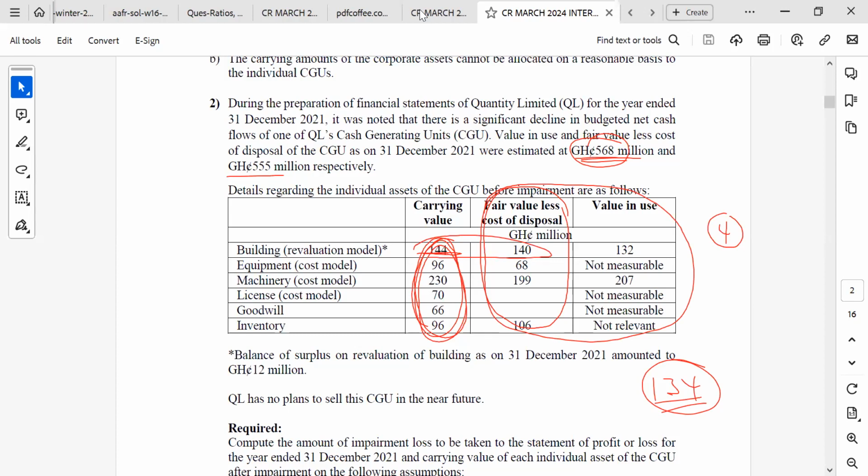So the recoverable amount for the building is 140 and the carrying value is 144. It means that it has reduced by 4. So 4 out of the impairment will be for the building. But the building has a revaluation surplus. So this will be taken to revaluation surplus to reduce it to 8, because the impairment is relating to an asset that was revalued before. So we only take 4 out of the impairment over here. Let's go to the equipment.